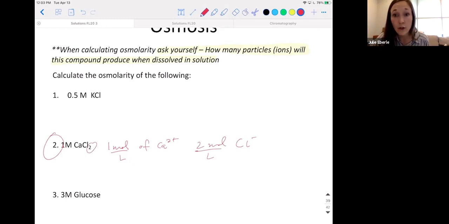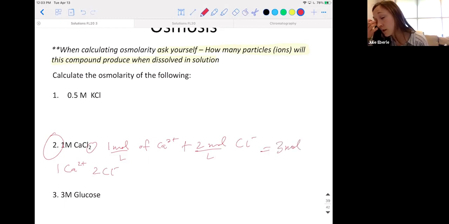So it's going to dissolve into 3 ions total, 1 calcium and 2 Cl minuses, right? So if we add all of this up, it's going to be 3 moles of particles per liter, which is 3 osmoles.